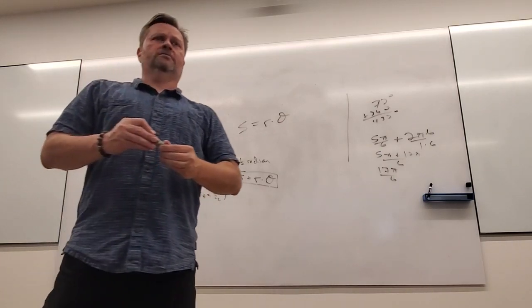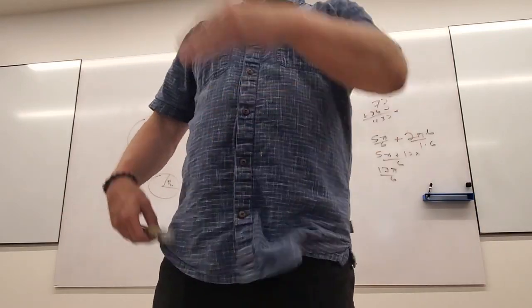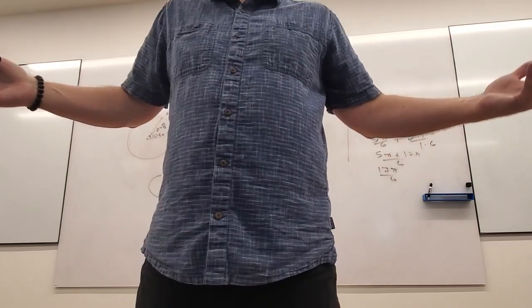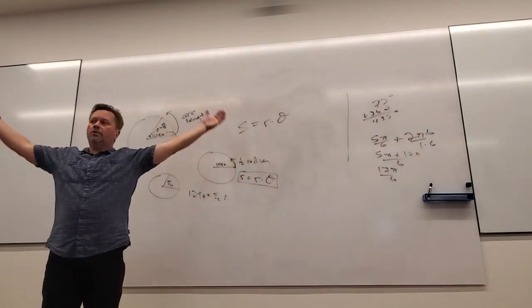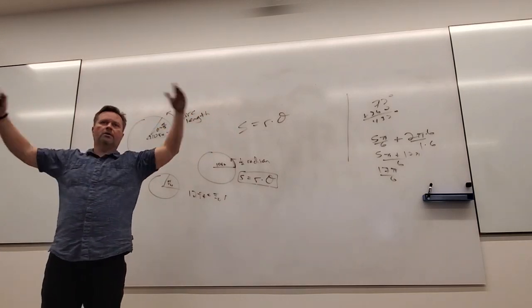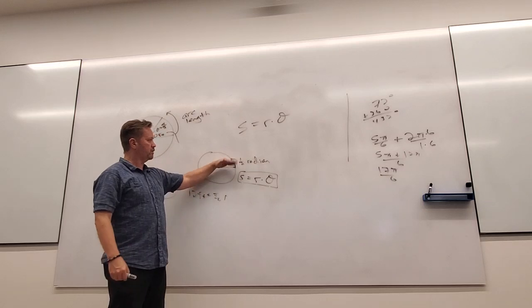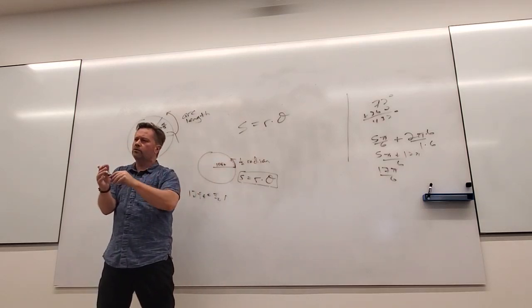A degree is 1/360th of a circle, just arbitrarily, correct? We just arbitrarily picked it. So what if we would have picked 620, 720, or 400, or whatever? That would totally change this arc length. But the arc length should be a number. It shouldn't change depending on what unit I want to use.